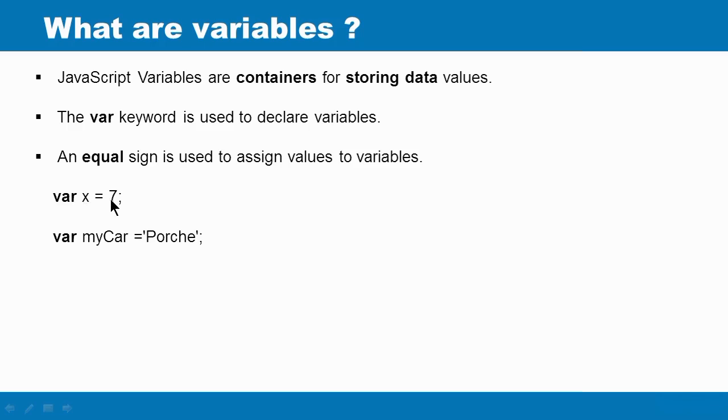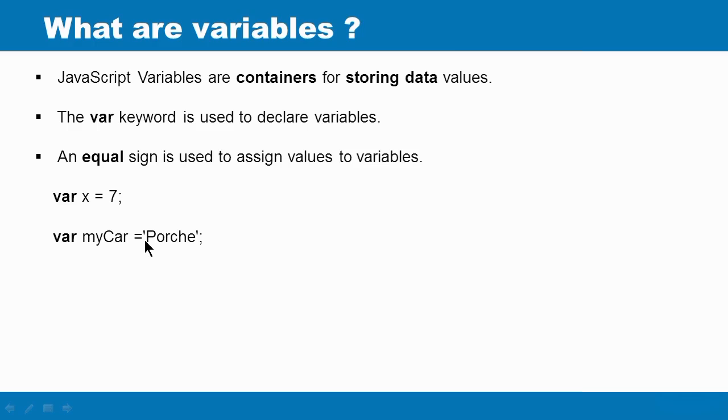Notice the difference in the two values here. This one here, the value is 7, which is a number. And here, the value is a Porsche, and I've put quotes around it. When you are declaring variables, if you are declaring text, you have to enclose it in quotes. You either have to use single quotes or double quotes, but you can't mix them.